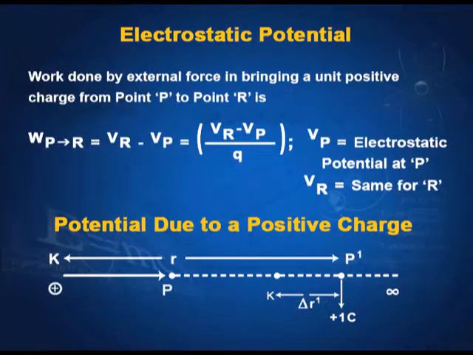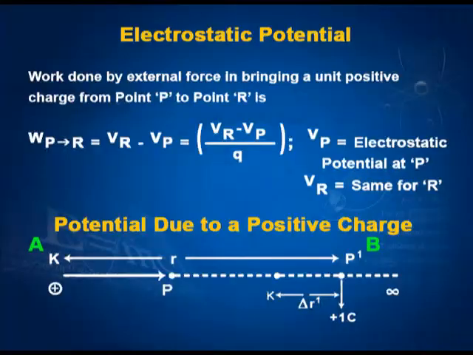I simply said that this is the positive charge, the friend, say A, and to meet A, a charge from some infinity, or from his home, is coming, the charge say B. Now since it is also experiencing some Coulombic repulsion, I have to apply certain force, or I have to give him certain energy, to come closer to his friend A. So in this direction I will apply some force.